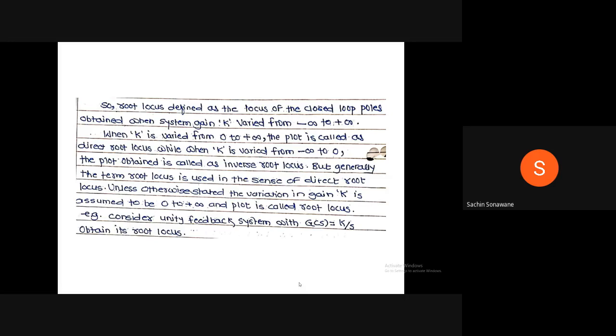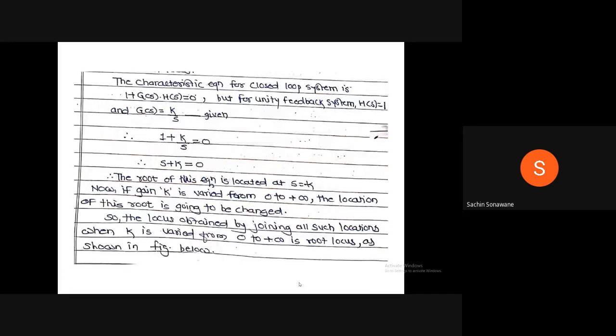For example, consider a unity feedback system with G(S) equal to K divided by S, to obtain its root locus. The characteristic equation for the closed loop system is 1 plus G(S)H(S) equal to 0, but for a unity feedback system, H(S) is equal to 1. Therefore, with G(S) equal to K divided by S as given, 1 plus K divided by S is equal to 0.